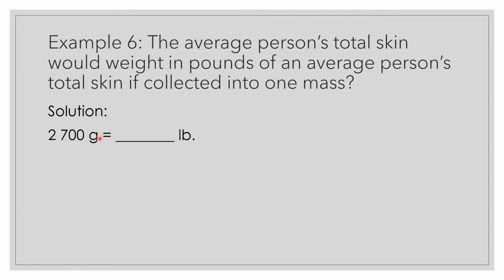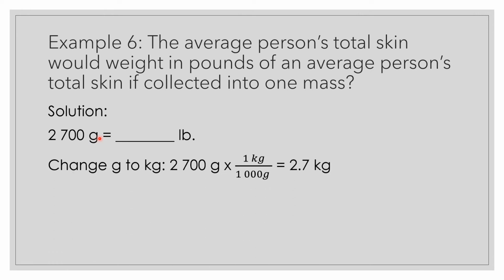We change grams to kilograms, so we have 2,700 grams times, okay, cancel natin yung grams. 2,700 divided by 1,000 is about 2.7 kilograms. Yet, hindi yan hinahanap natin.